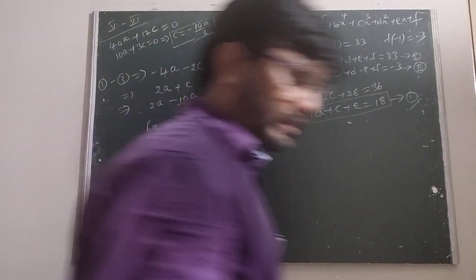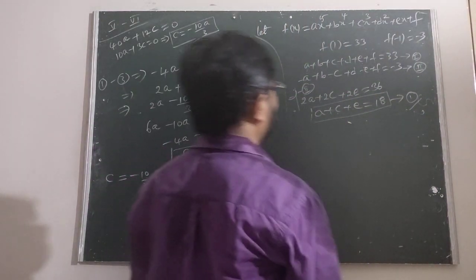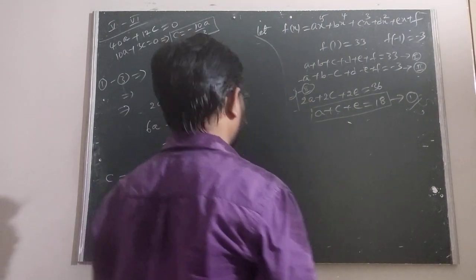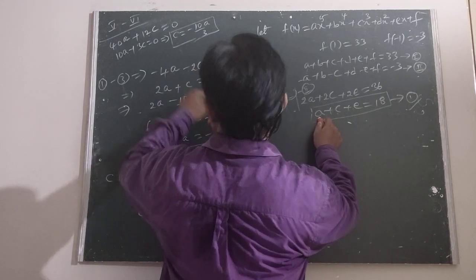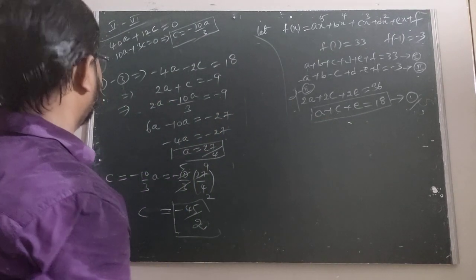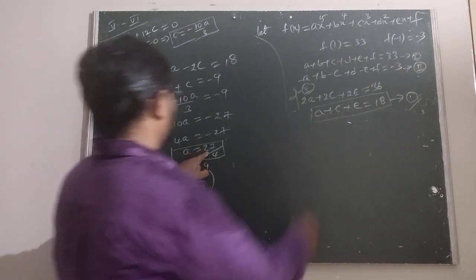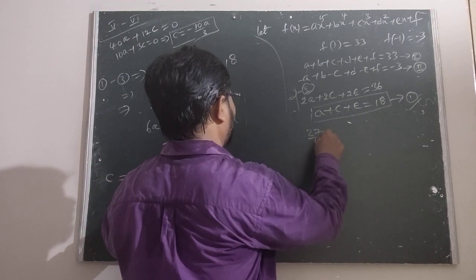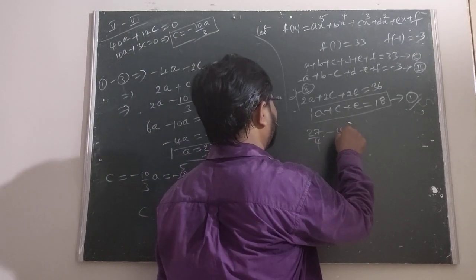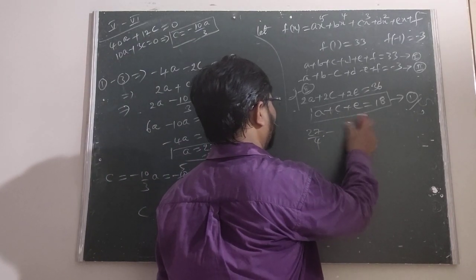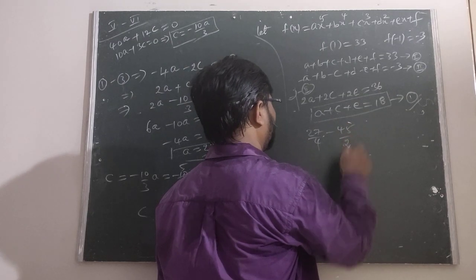So now we are finding the value of E, that is we are getting A plus E plus. The value of A here is 27 by 4. The value of C is minus 45 by 2.